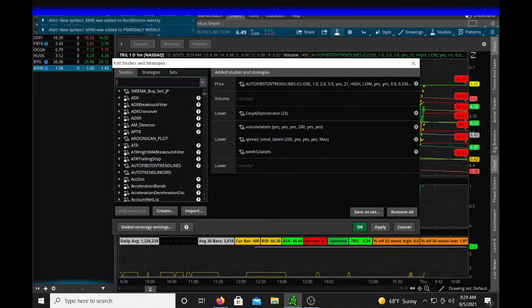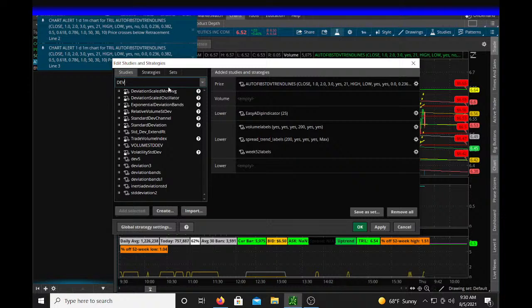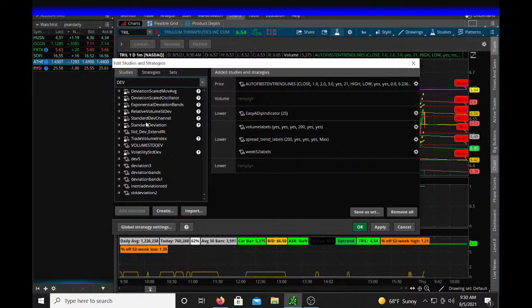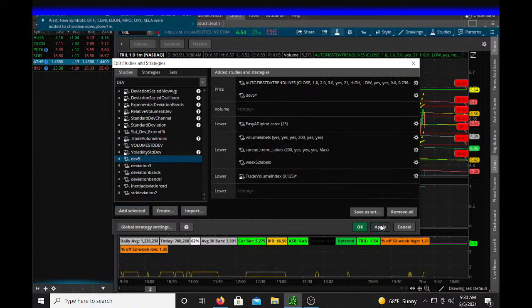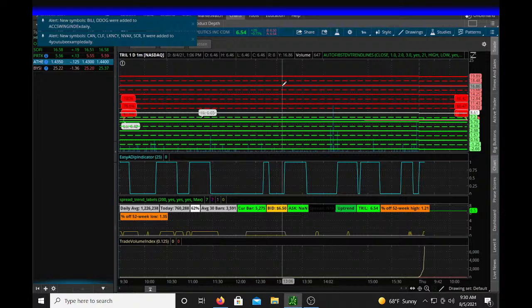I think it was in the standard deviation set. So let's go and look at our standard deviations. We've got our trade volume index. That's something interesting. And let's check out our deviation 5. Okay. We'll hit apply here, hit OK, and we get this interesting deviation here.